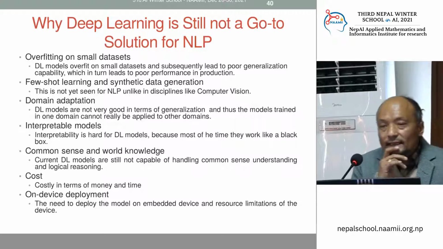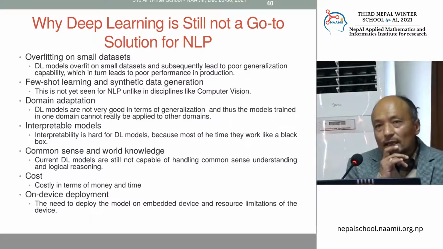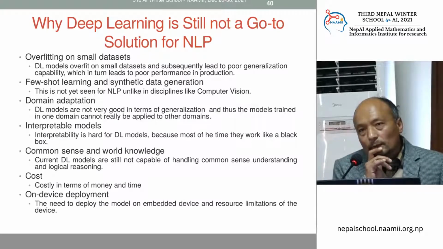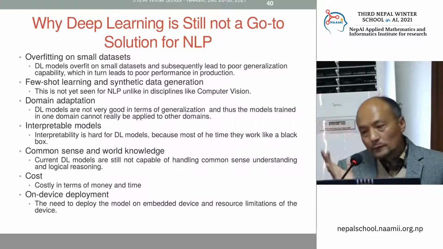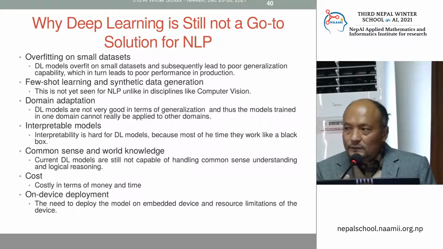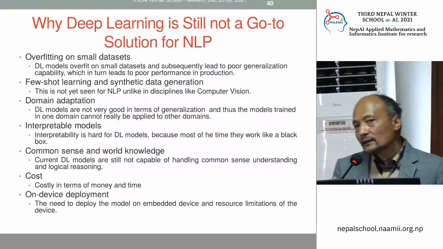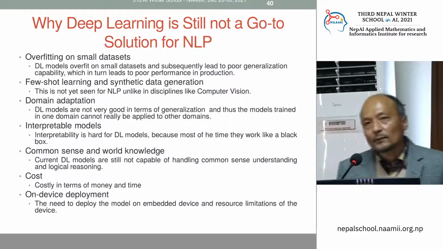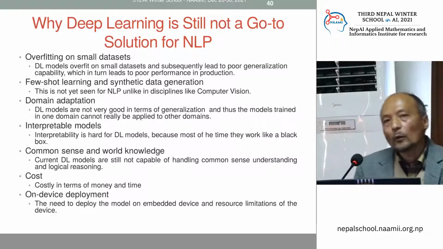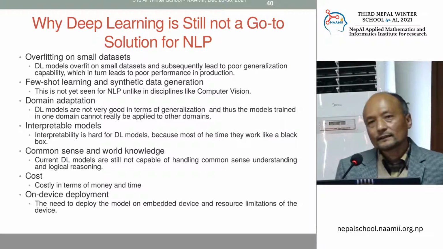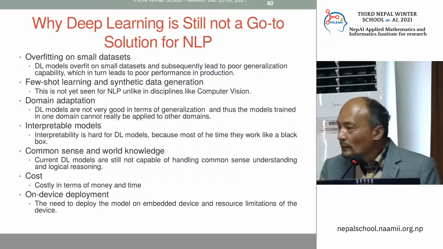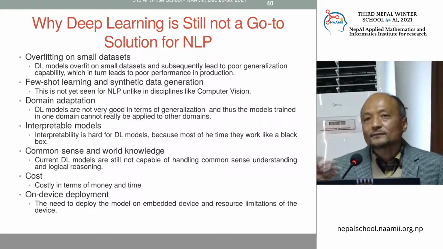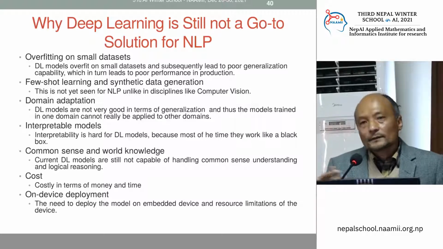First, overfitting on small datasets. All of us know that deep learning algorithms are data hungry; they require abundant amounts of data. Unless we use publicly available data, it is not an easy task to have a decent amount of benchmarked, quality data. And there is no hard and fast rule about the size of the dataset.